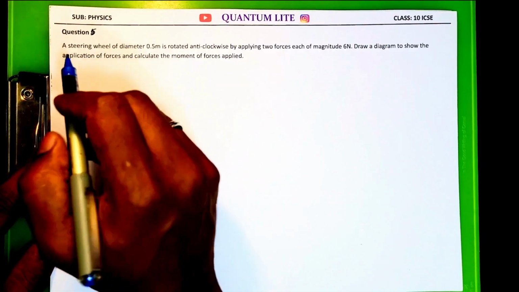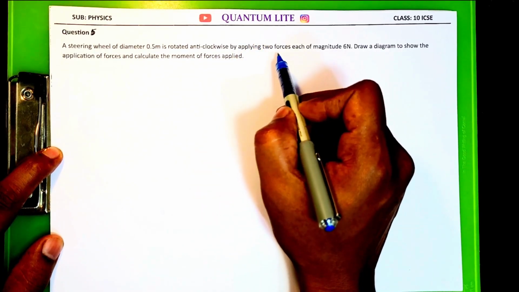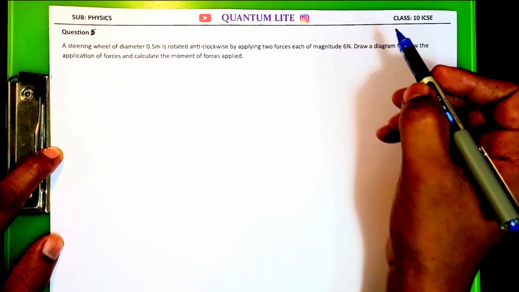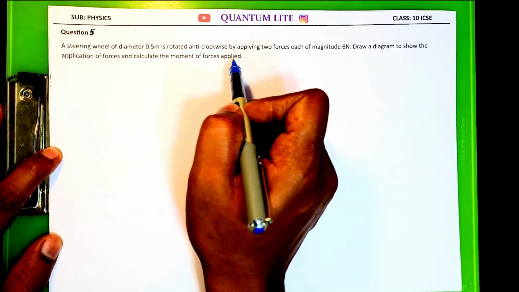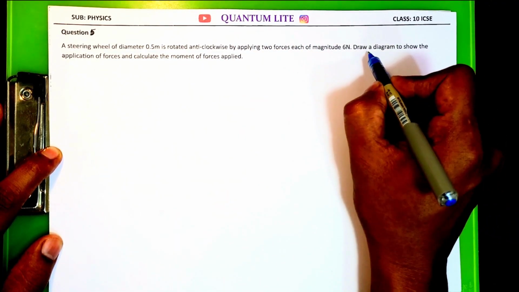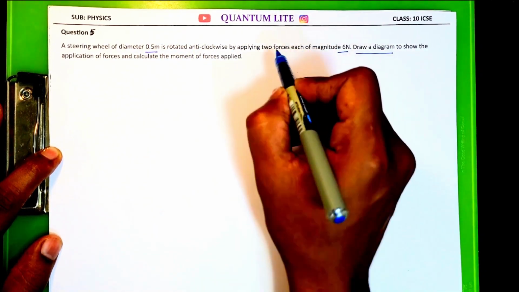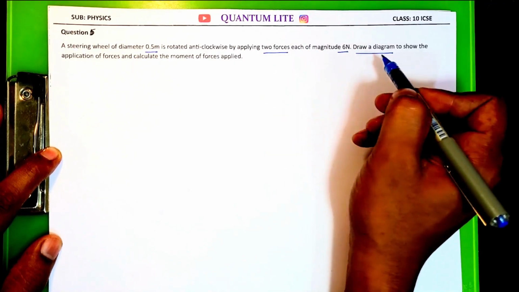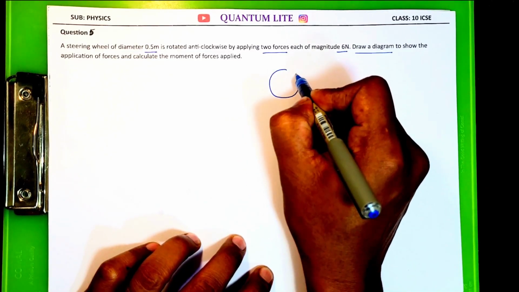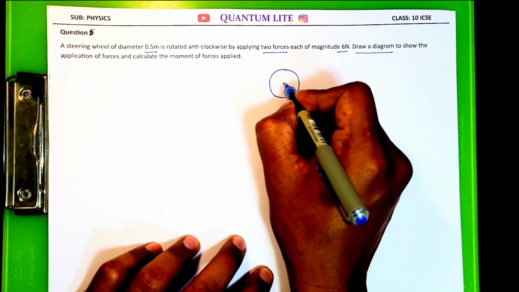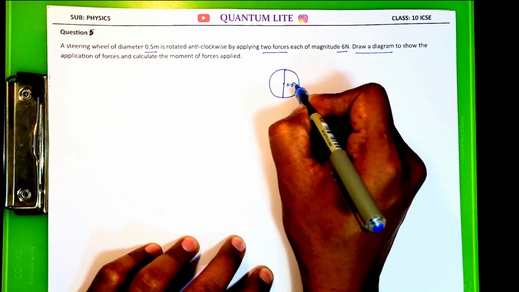Next, numerical 5. A steering wheel of diameter 0.5 is rotated anti-clockwise by applying two forces, each of magnitude 6 Newton. Draw a diagram to show the application of forces and calculate the moment of force applied. Okay, so draw the diagram. They gave the diameter and magnitude of force. Two forces, each of magnitude 6 Newton. The steering wheel has a center, and the diameter is 0.5 meter.